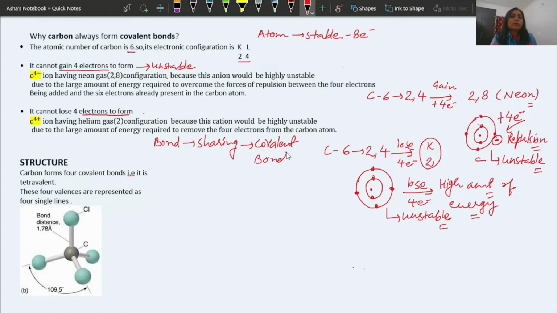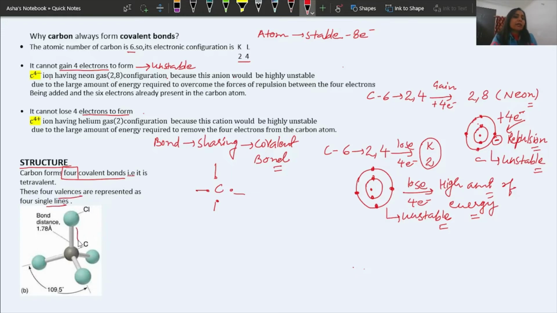Now before explaining covalent bond, I'll give you a brief about the structure of the carbon. Carbon forms 4 covalent bonds. Why are we using 4? Because see, this is carbon, these are its 4 valence electrons. So it will form 4 bonds, 1, 2, 3, 4. The 4 valencies of the carbon are shown with the single line.